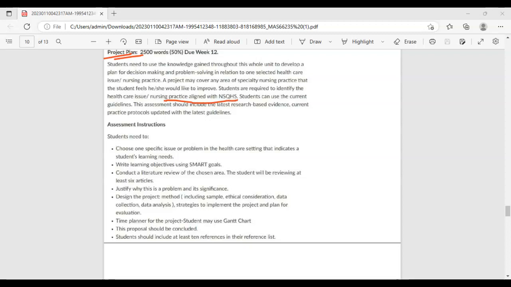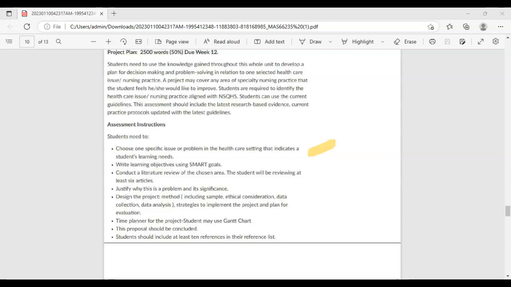making this plan. While making any project plan, we have to consider the selection of a particular issue or problem that exists in a healthcare system. We have to ensure SMART goals that allow us to achieve that particular thing in a certain time frame, which will be realistic and outcome driven.